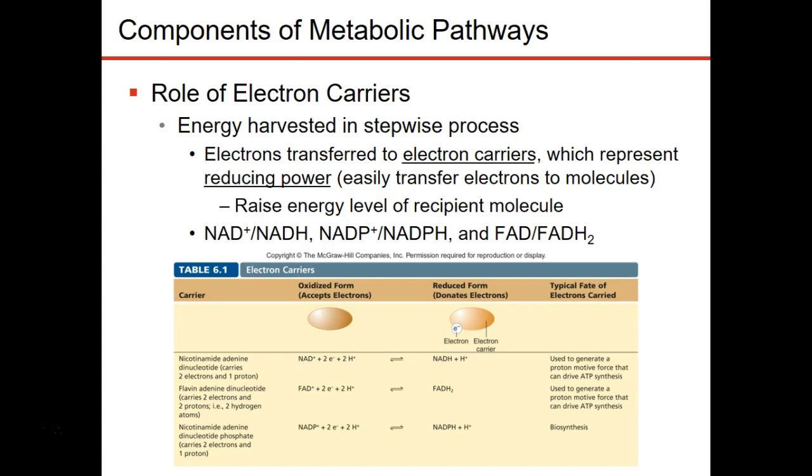That's their whole job. They're taxis, kind of like just moving from one stop to another stop and back and go back and go back. And that's all they do all day long, okay? I will say that NADP is used in biosynthesis reactions, while NAD and FAD are used in catabolic reactions.